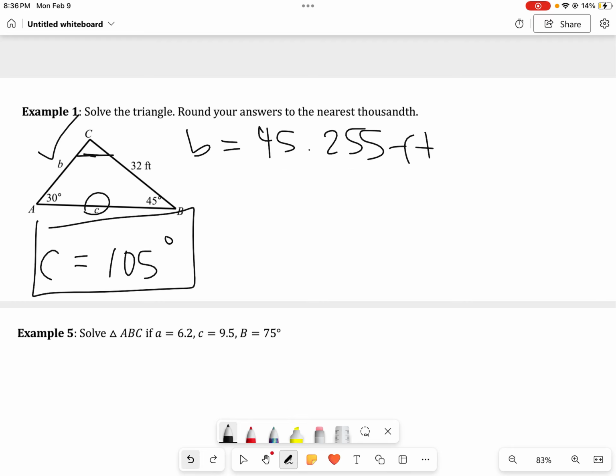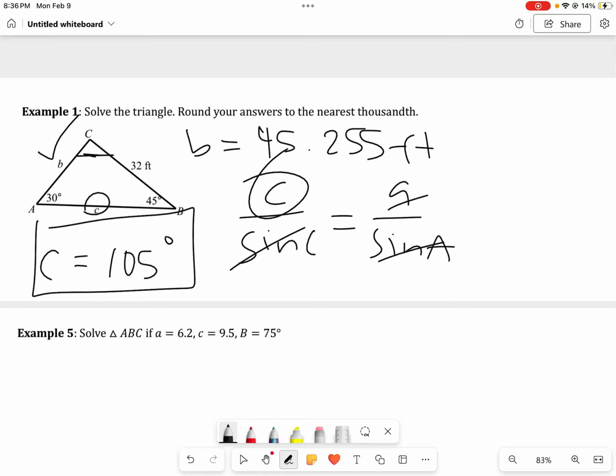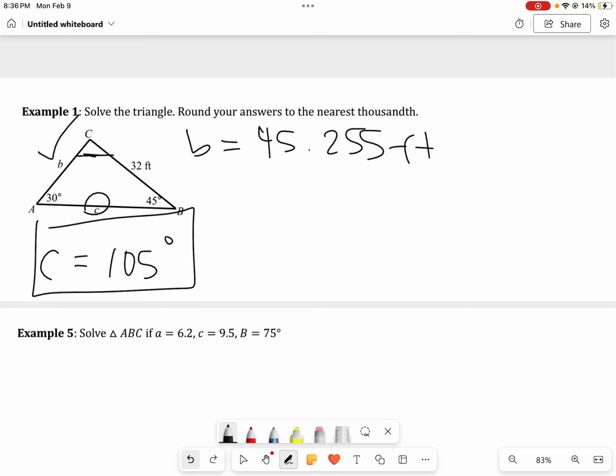We know that side C is to sine of C as A is to sine of A. We already have this, so we're just going to isolate that. So let me just plug in the values. We're looking for side C, so C over sine of 105 is 32, which is side A, over sine of 30.